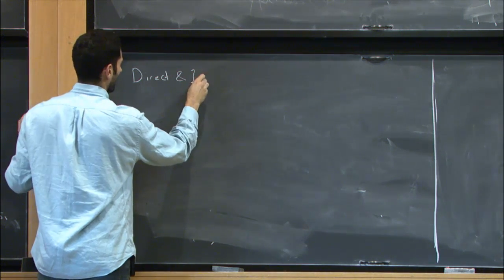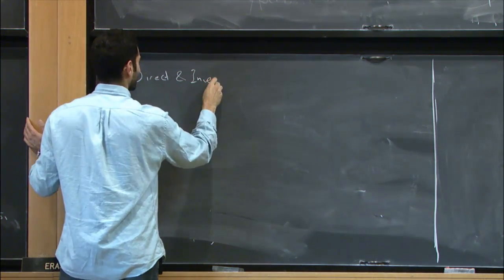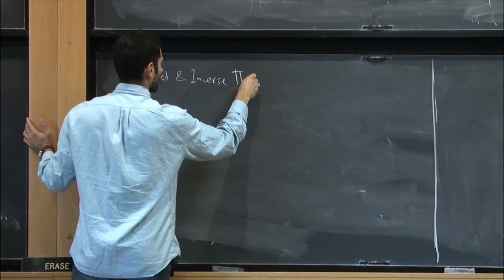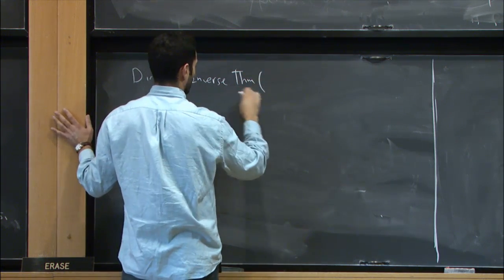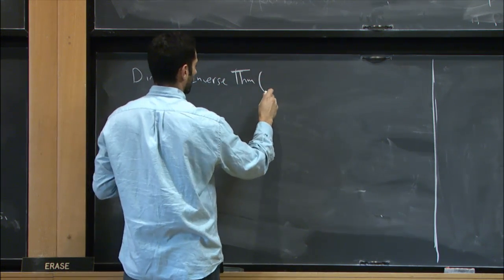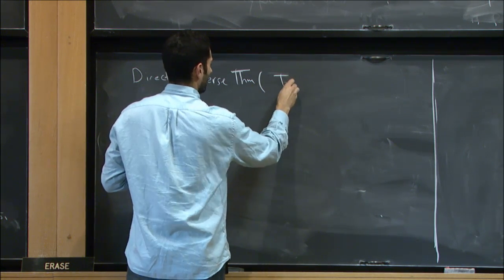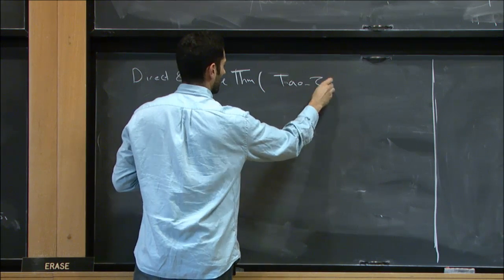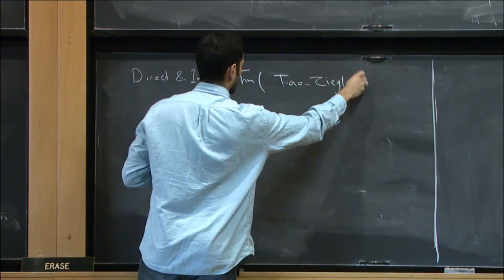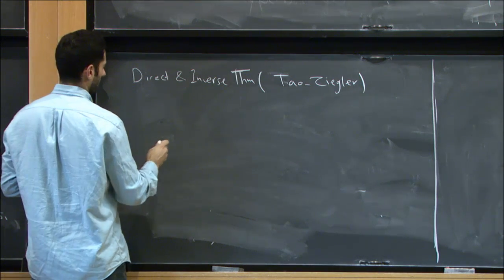Direct and inverse theorems, there are many authors, as a result of works of many people. The versions that we use are the Tal-Ziegler ones, because we are over finite fields.